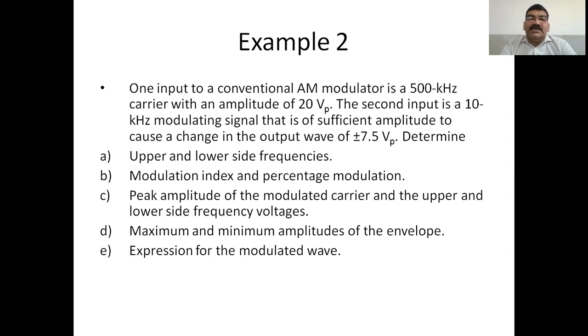The two voltages are given. Carrier voltage is 20 volt, modulating voltage is 7.5 volt, the carrier frequency is 500 kilohertz and the modulating frequency is 10 kilohertz. Upper and lower sideband frequency, quickly.